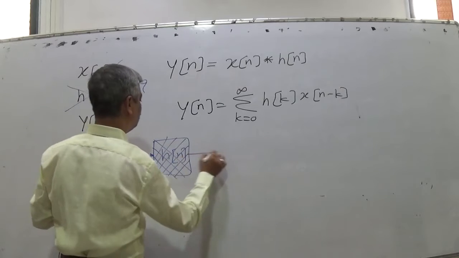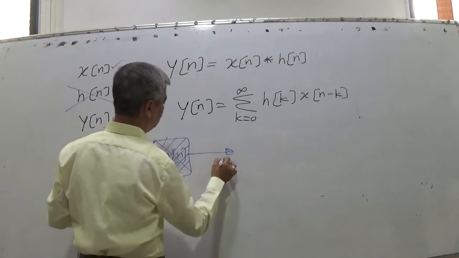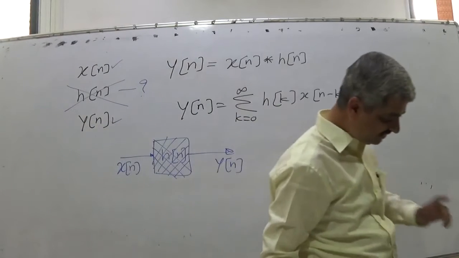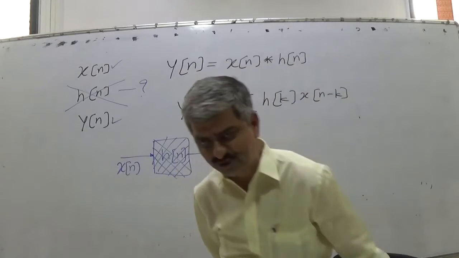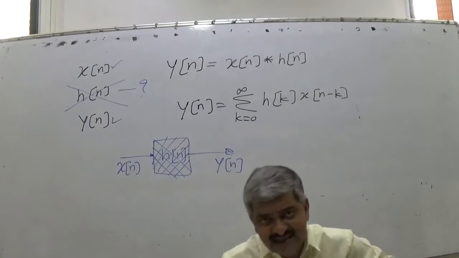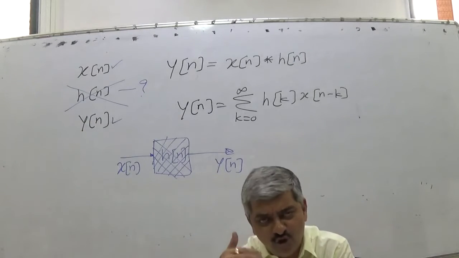You give input, you get output. You give x[n], you get y[n]. Then listen very carefully, it's very interesting. Not only in this electronics stream subject, but in general, the beauty of the subject signals and systems is that it is based on common sense.